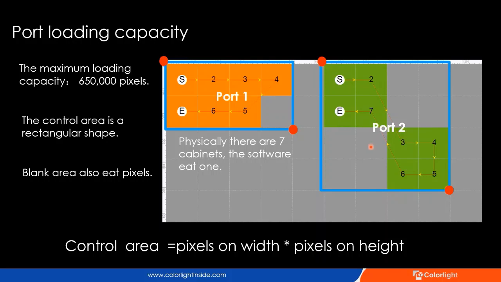As long as the total number of pixels in the control areas is not over 650,000 pixels, then the system can display the screen correctly. For sure, different devices have restrictions on width and height. We will talk about different device capacity in the second part.